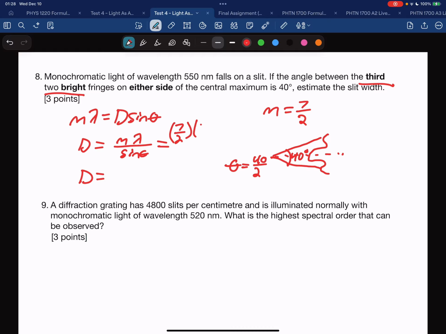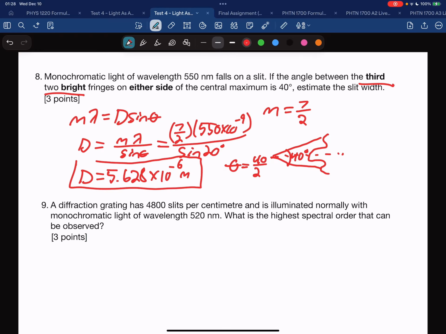We get 550 times 10 to the negative 9 for the wavelength, all over the sine of 20 degrees. And all of that together should give you about 5.628 times 10 to the negative 6 meters. And that is the answer I was looking for here.